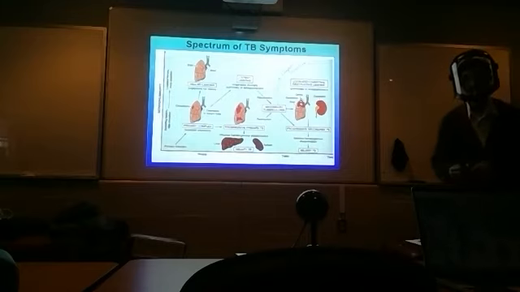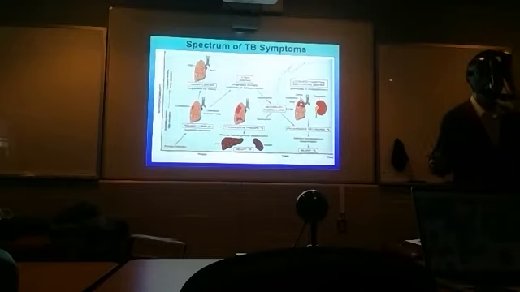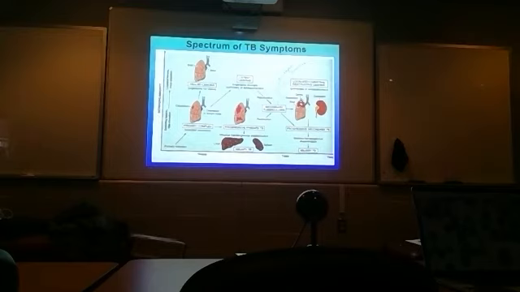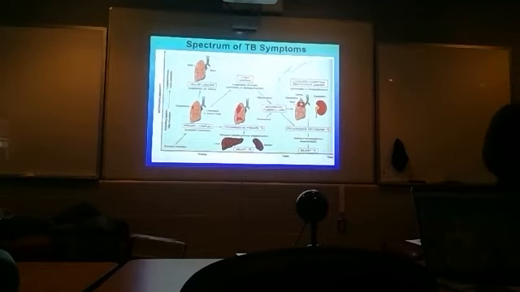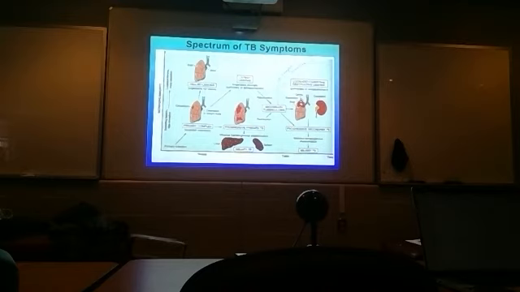For example, someone contracts primary TB when they're healthy, develops primary TB with absolutely no symptoms at all. However, if they acquire HIV and develop AIDS, they may lose the memory of that infection. Their immune system may lose memory cells that allow them to retain the memory of the antigenic profile of the organism.